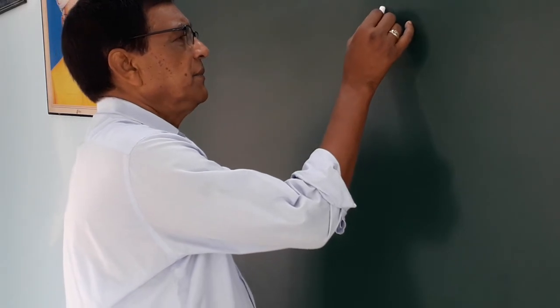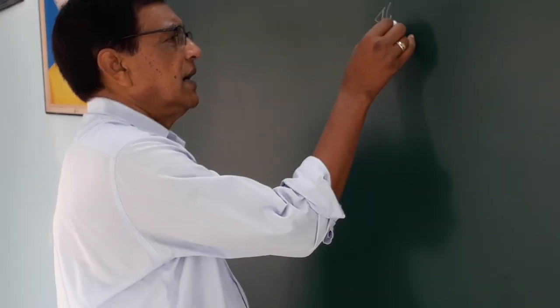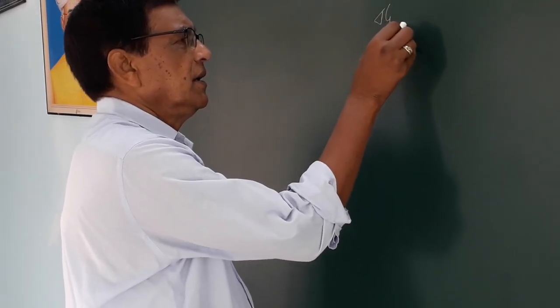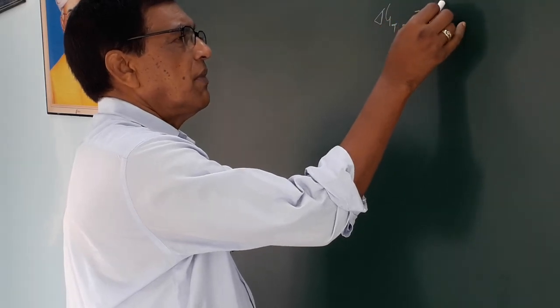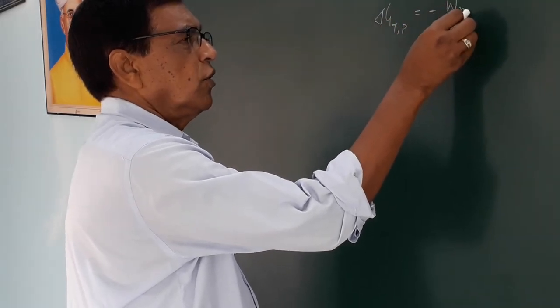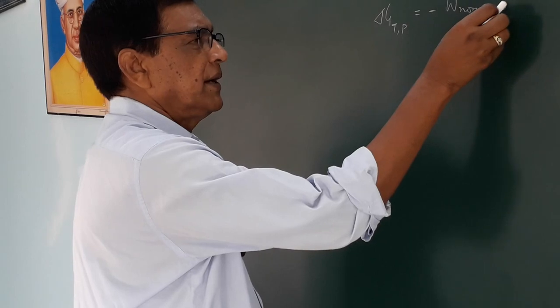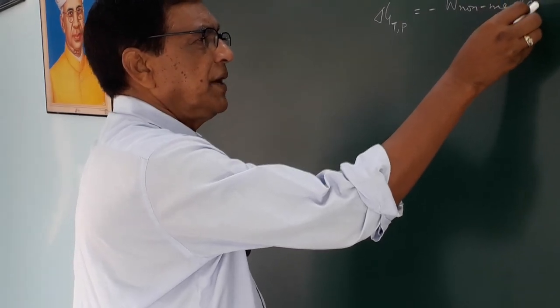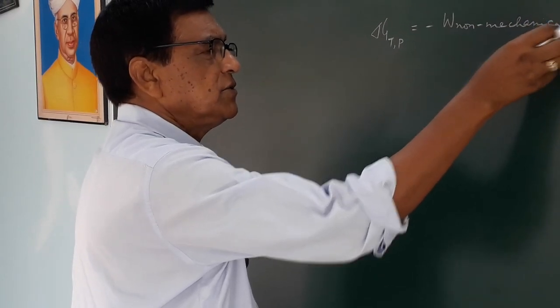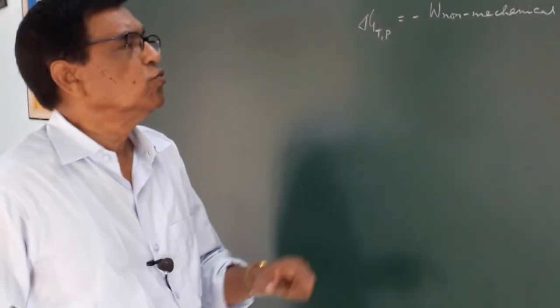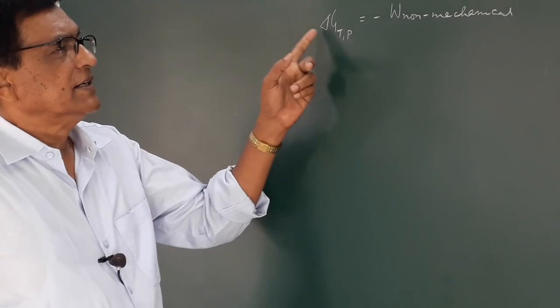That is, delta G at T, P is equal to minus W non-mechanical, so the magnitude of the non-mechanical work done by the system is equal to minus delta G at T, P.